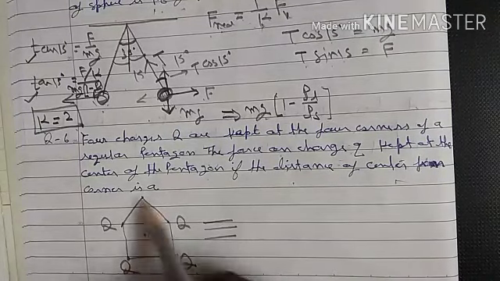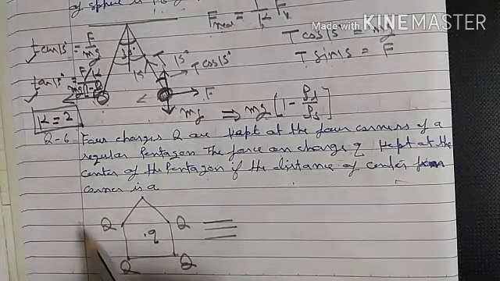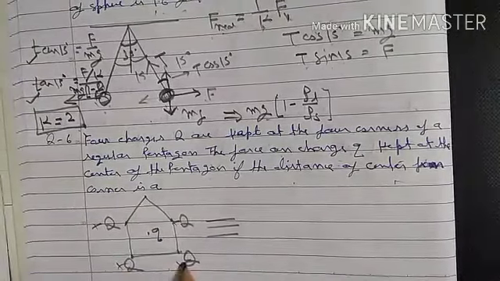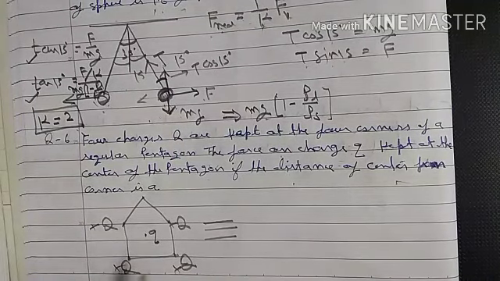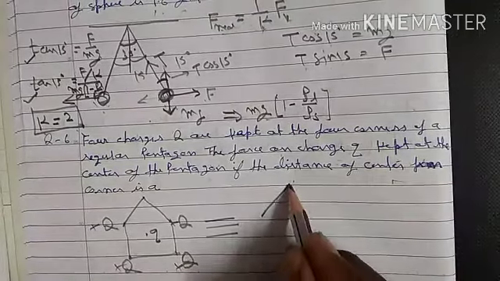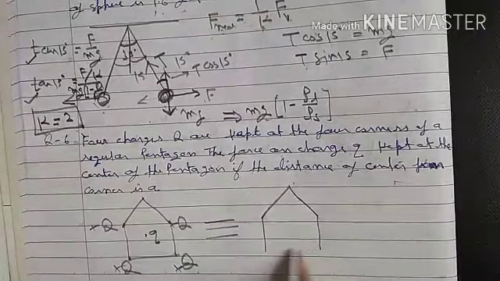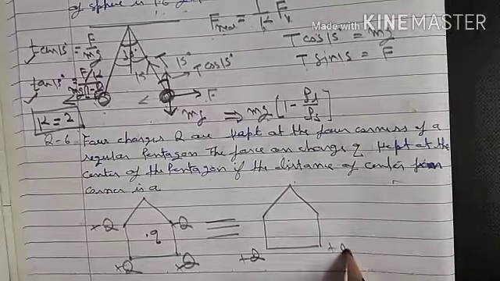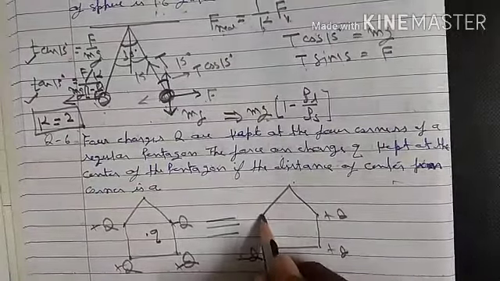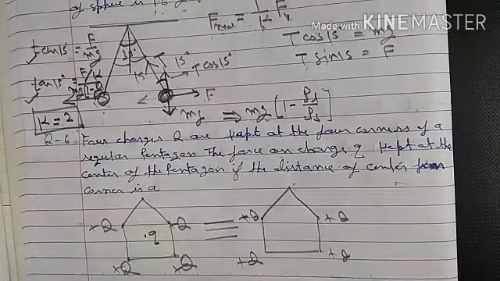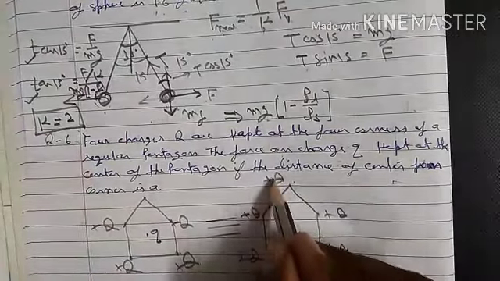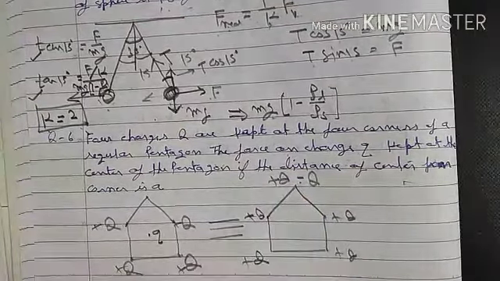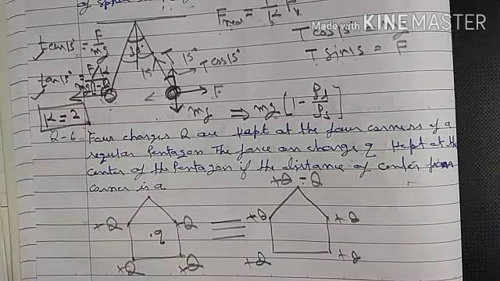If these are similar charges, we may write plus Q, plus Q, plus Q, plus Q. And the equivalent figure will be the same figure, plus Q, plus Q, plus Q, plus Q, and here we may write plus Q and minus Q. I think you are getting it. Plus Q and minus Q.